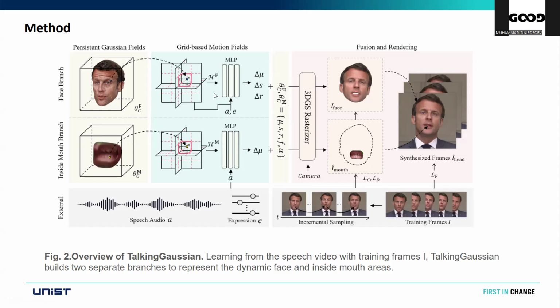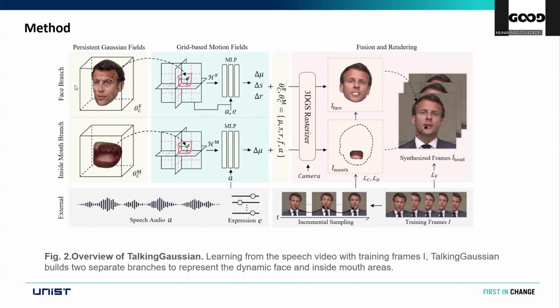So here, using the grid-based motion field, what they do is use an MLP to predict the scale, the rotation, and the initial position of those Gaussian primitives. If we can somehow predict the change that we need to apply for each Gaussian, we can easily render the final synthesized TalkingGaussian.